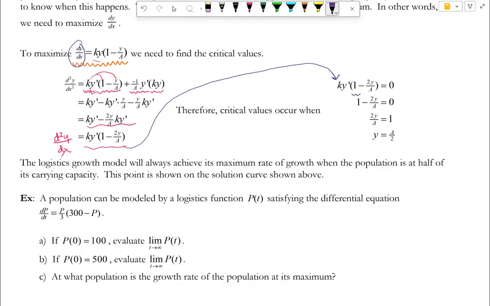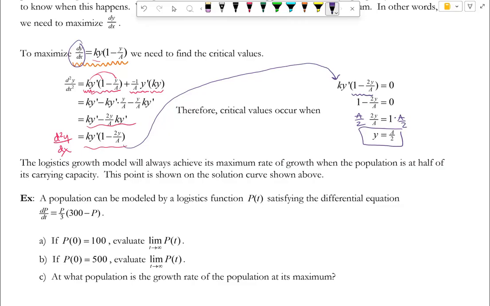So if I set this factor, 1 minus 2y over a, equal to 0, I could just add 2y over a to both sides. I get 2y over a equals 1. And I could rewrite this by multiplying both sides by a over 2 to get that y equals a over 2.